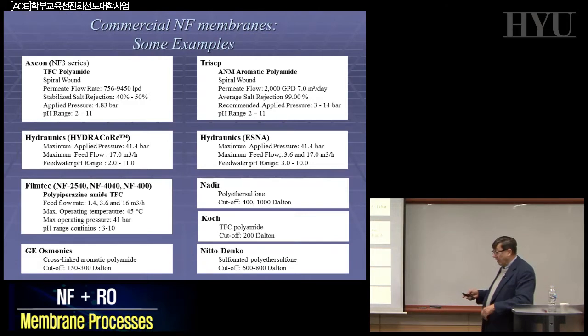And these species are the ones which normally add value, the real product that at the end you want to have. You can see big companies like General Electric, Nadir, Nitto Denko, Koch Engineering, Hydranautics. These are all big groups, and they all produce nanofiltration membranes. 15 years ago, these membranes did not exist.